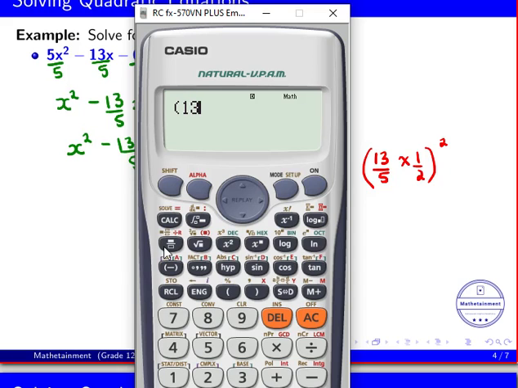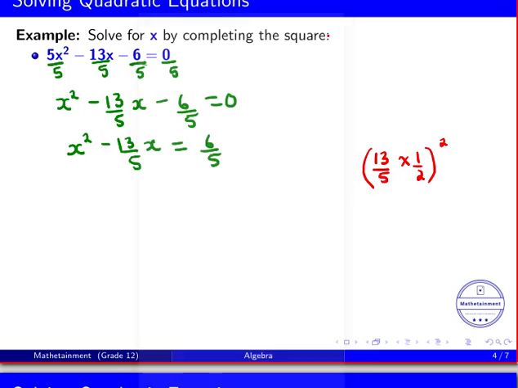We are going to have 13 over 5 multiplied by 1 over 2, all squared, and then we are coming with 169 over 100. So that's what we are going to add on both sides of the equation.